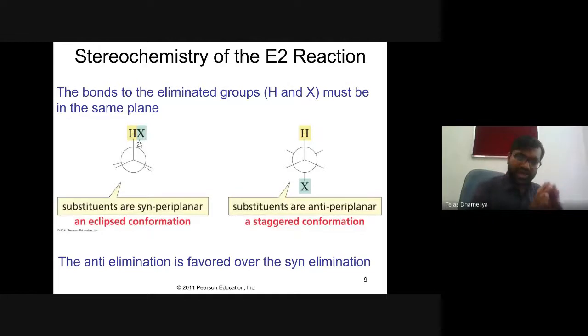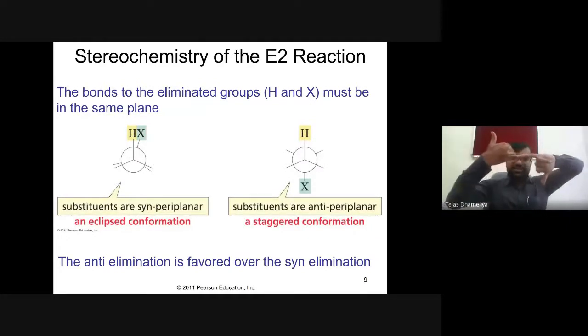I have tilted the halogen a little so that we can visualize it. Then here we have another one, where the front carbon has the hydrogen and this is the rear carbon attached to the halogen. But this time it is exactly opposite: one is at the top, the other is at the bottom.